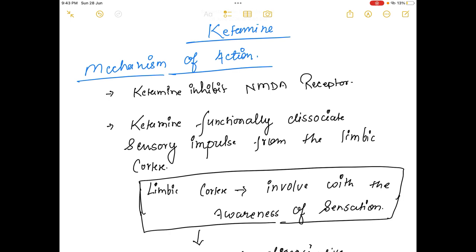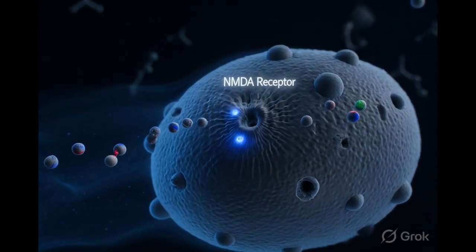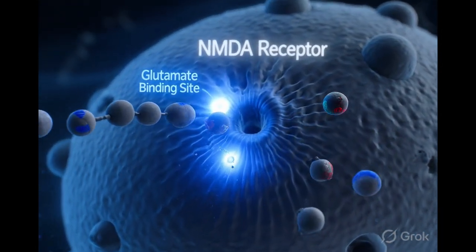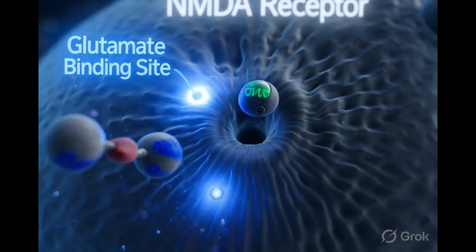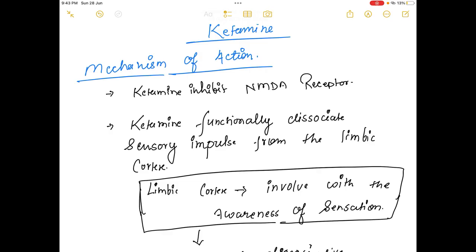Ketamine mechanism of action. Ketamine inhibits the NMDA receptor. Ketamine functionally dissociates sensory impulses from the limbic cortex.